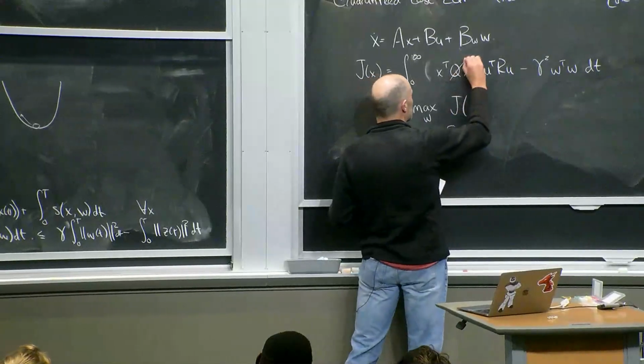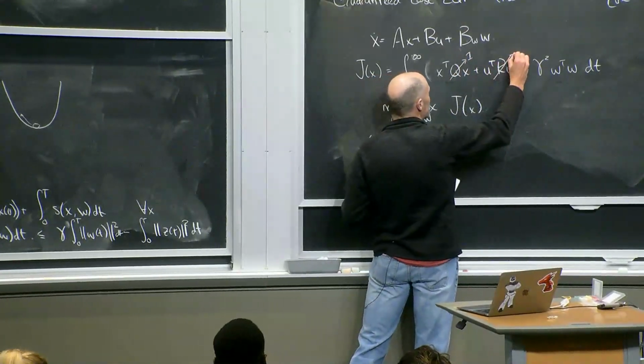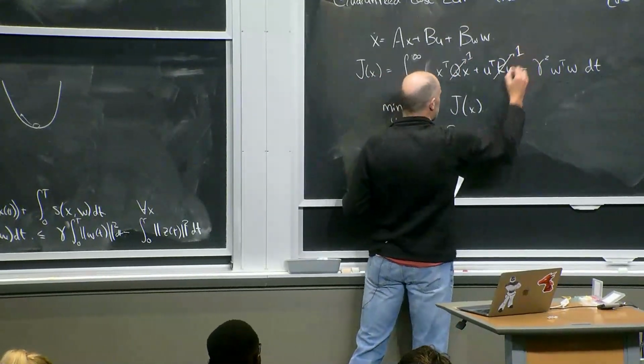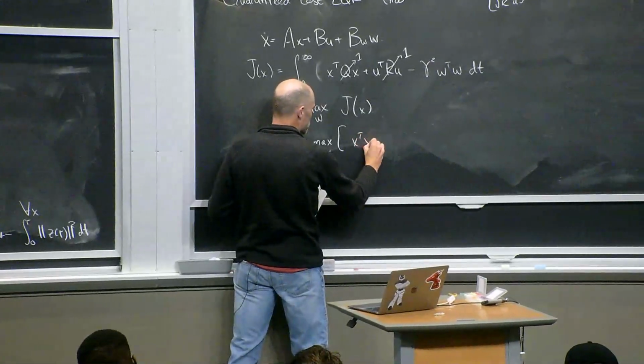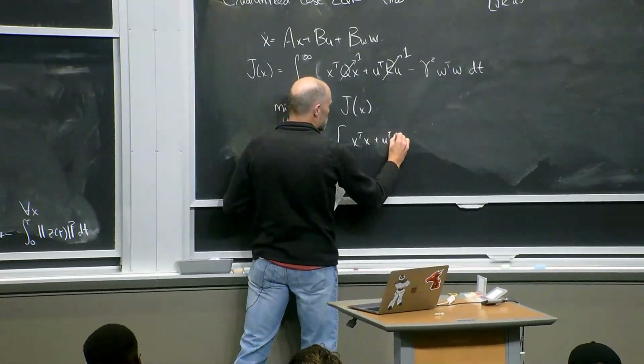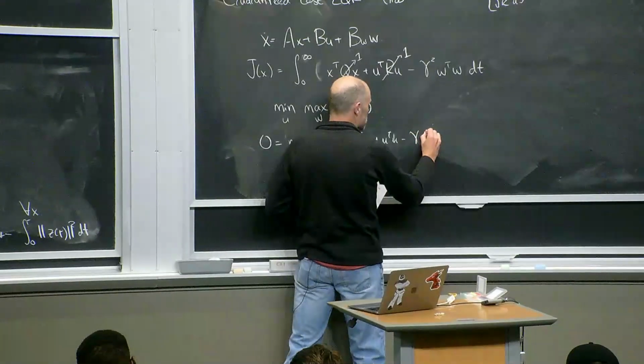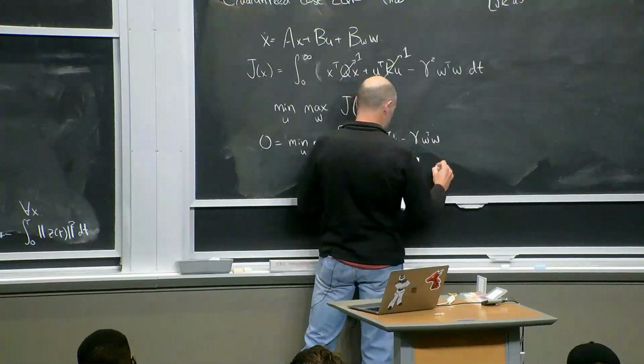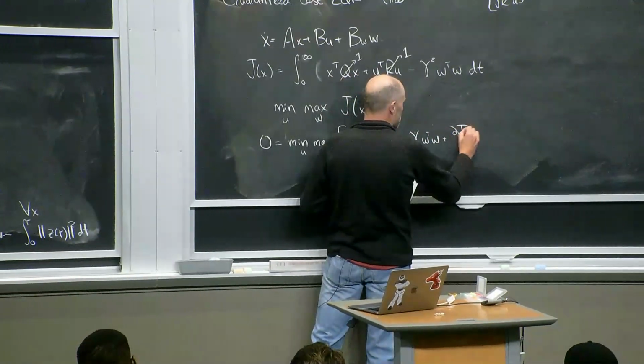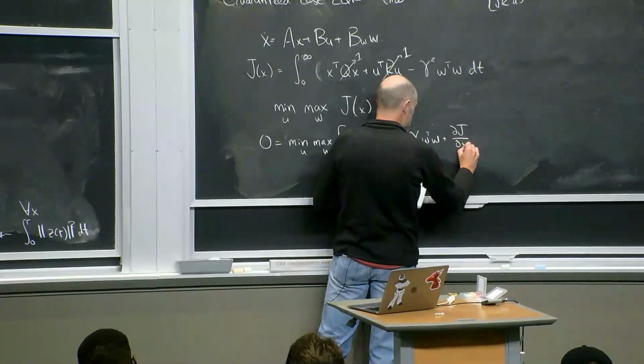Let me just take Q and R to be 1, so I have to write less. I'm going to write just X transpose X plus U transpose U minus gamma W transpose W plus partial J partial X times X dot.